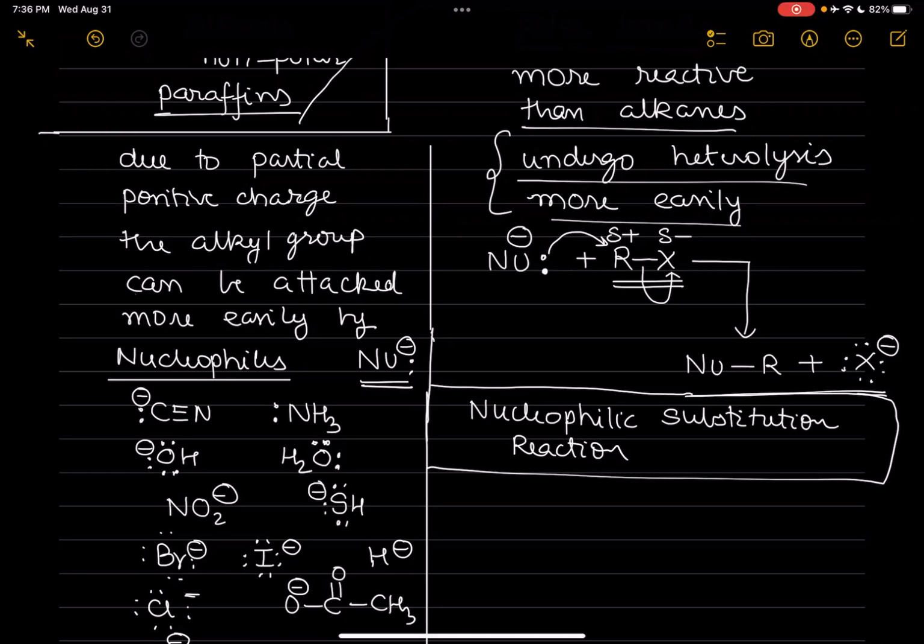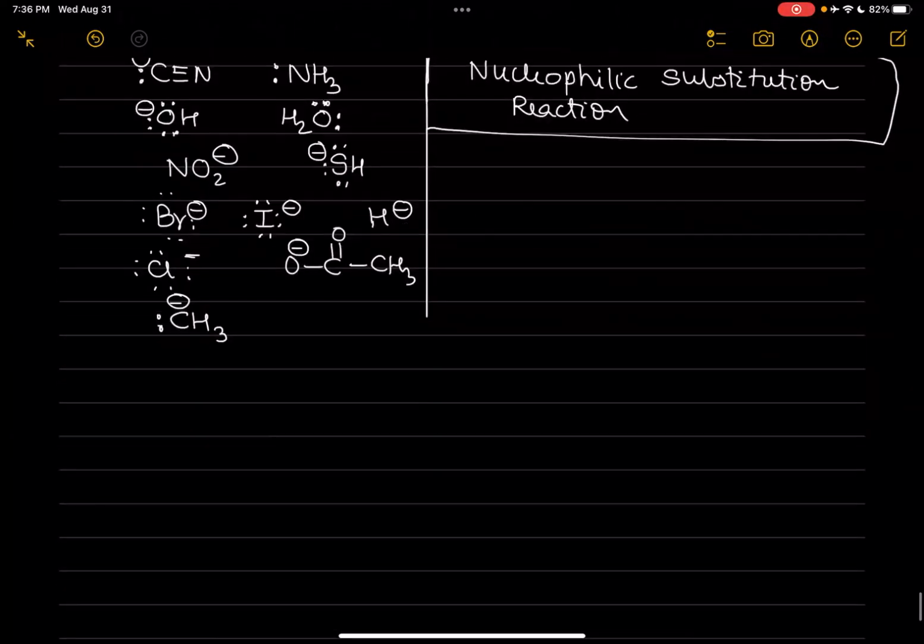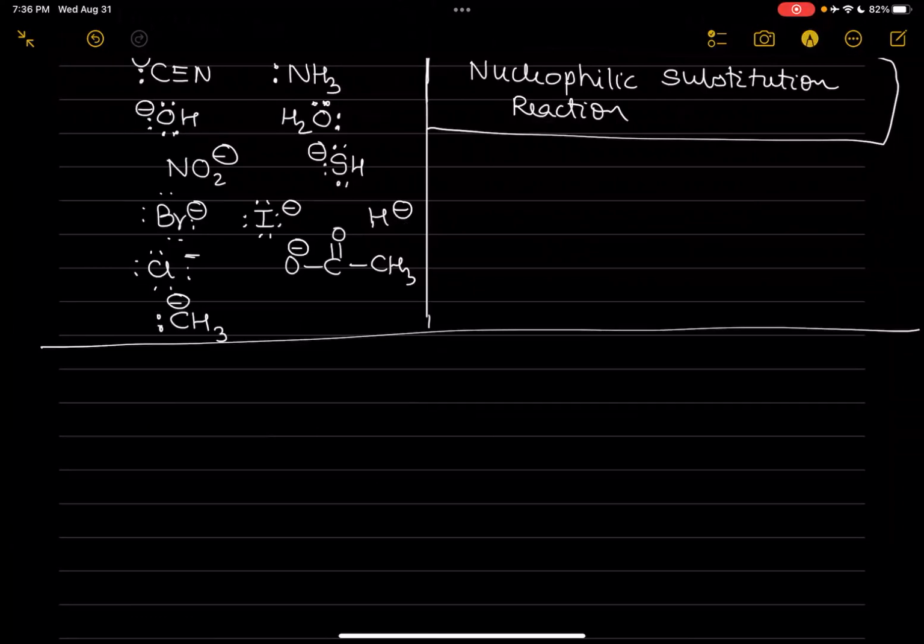Is it clear or not? So there are two types of nucleophilic substitution reaction. Can you tell me what those two types are? SN1 and SN2.